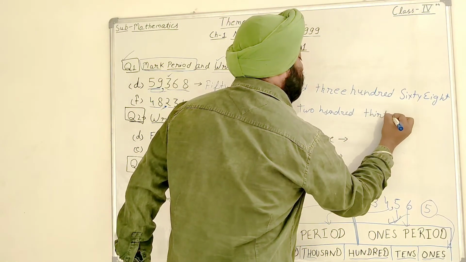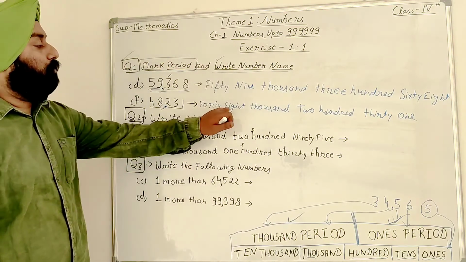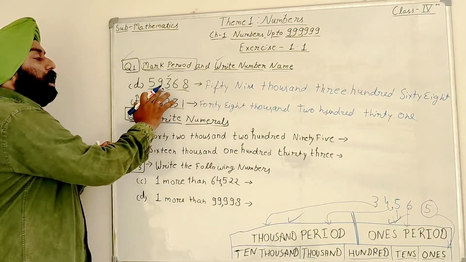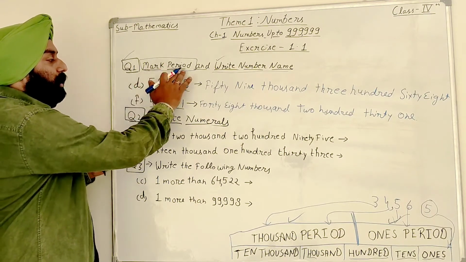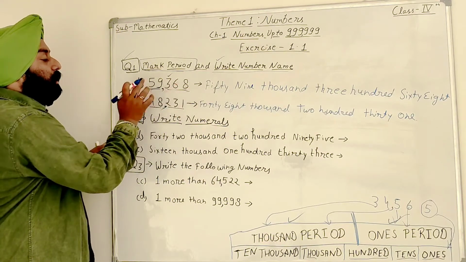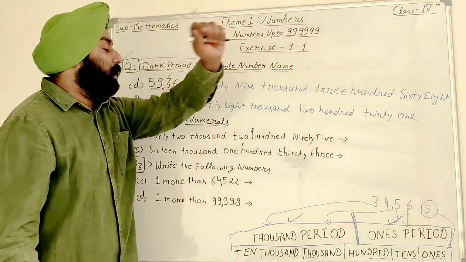So we have to write it down like this. First we write the number, after writing it, we mark the period by putting a comma between ones period and thousand period. Then we write down the number name.